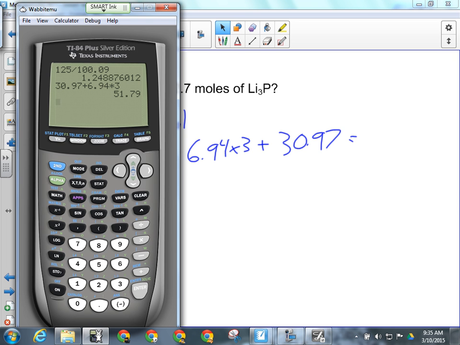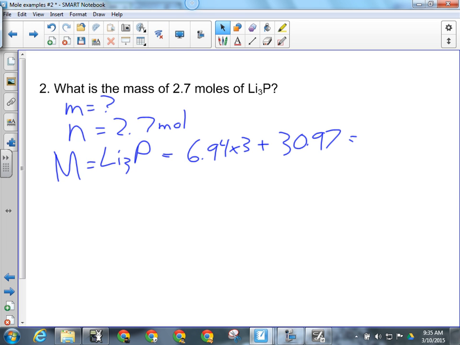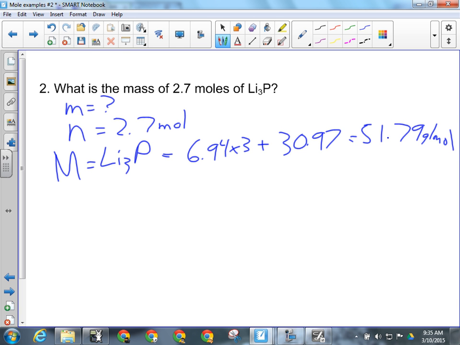All right, so 51.79 is our molar mass. Grams per mole. Okay. 1 mark.